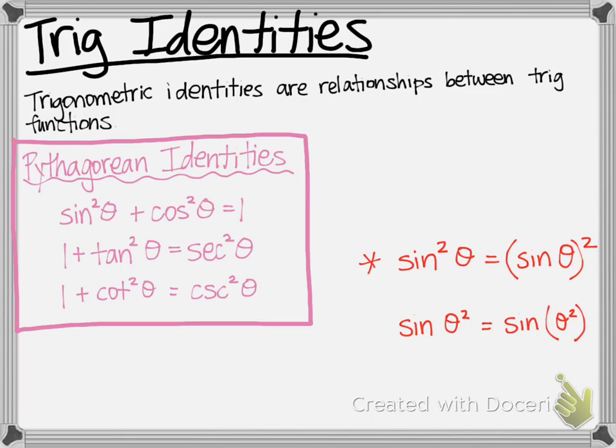When sine is being squared, you're going to see the square right over the n as a superscript. If you see the square next to the theta, then that means the angle measure itself is getting squared, not the sine of the angle measure.